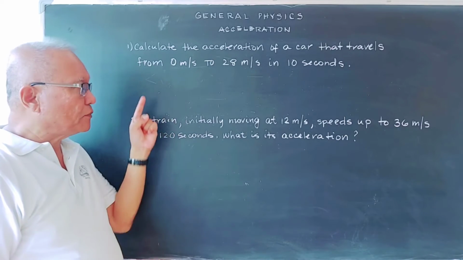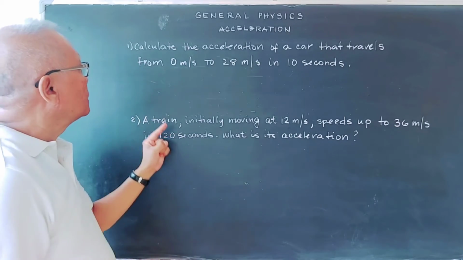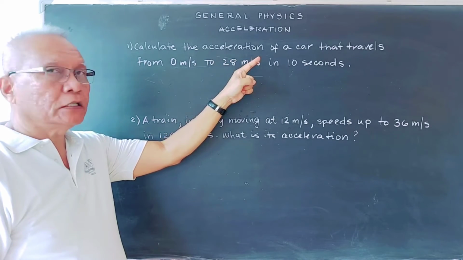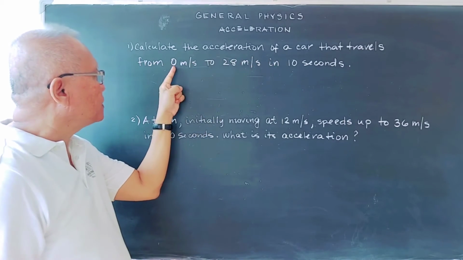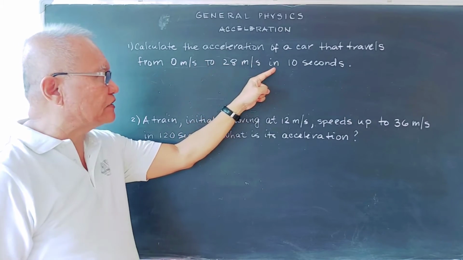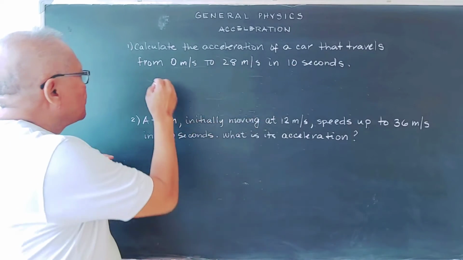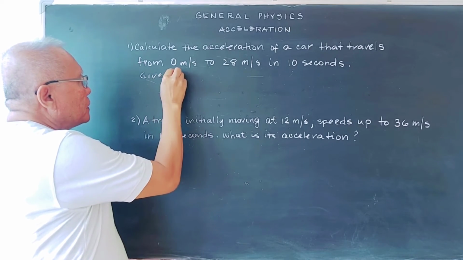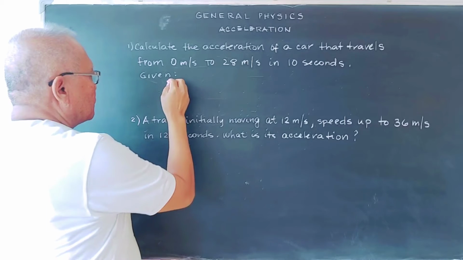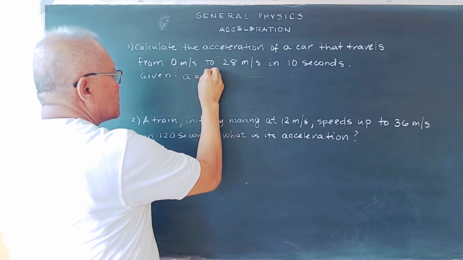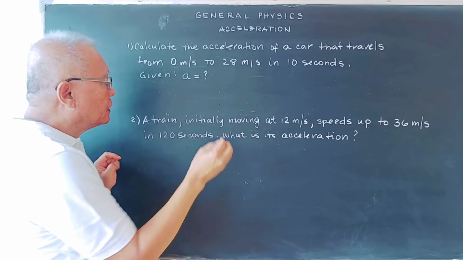Okay, let's have two examples of acceleration. Calculate the acceleration of a car that travels from 0 meter per second to 28 meter per second in 10 seconds. First, write your given. Always write your given. We have acceleration, which is the unknown here.